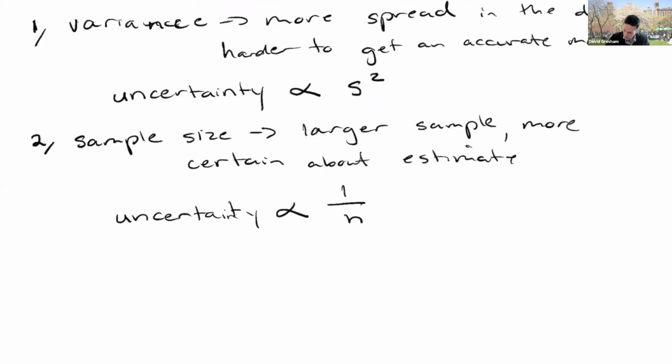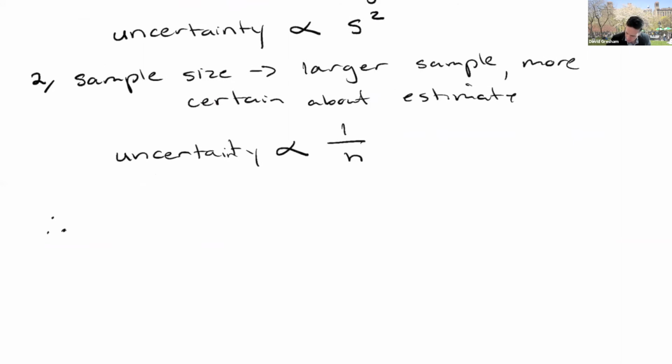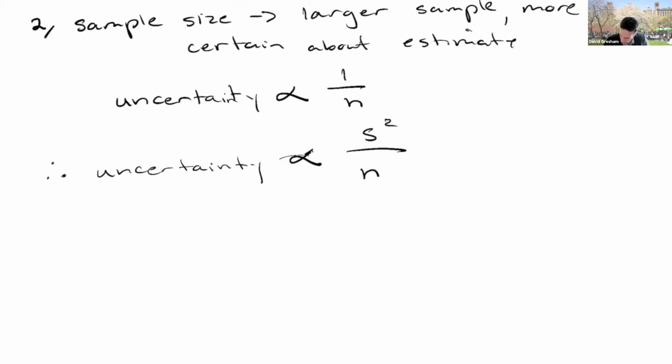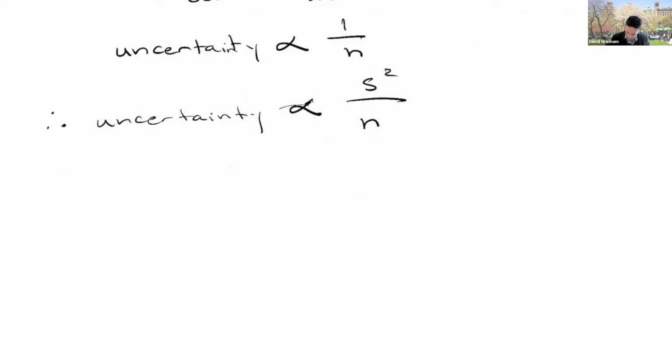And so we can put these together and say, therefore, our uncertainty associated with our estimate is going to be proportional to the variance and inversely proportional to the sample size. We can combine those. And so let's consider that metric.